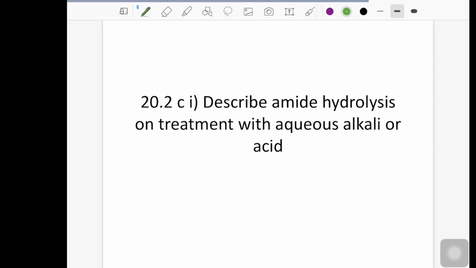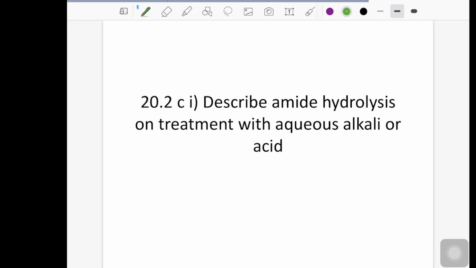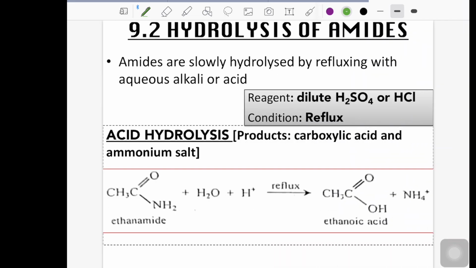Describe amide hydrolysis on treatment with aqueous alkali or acid. The first example is the acid hydrolysis. You need aqueous, you need water and a catalyst.